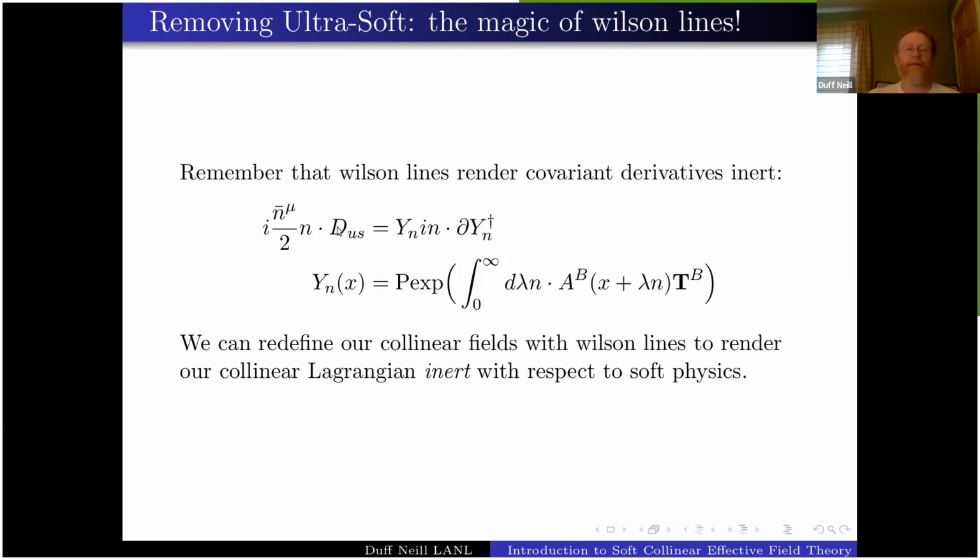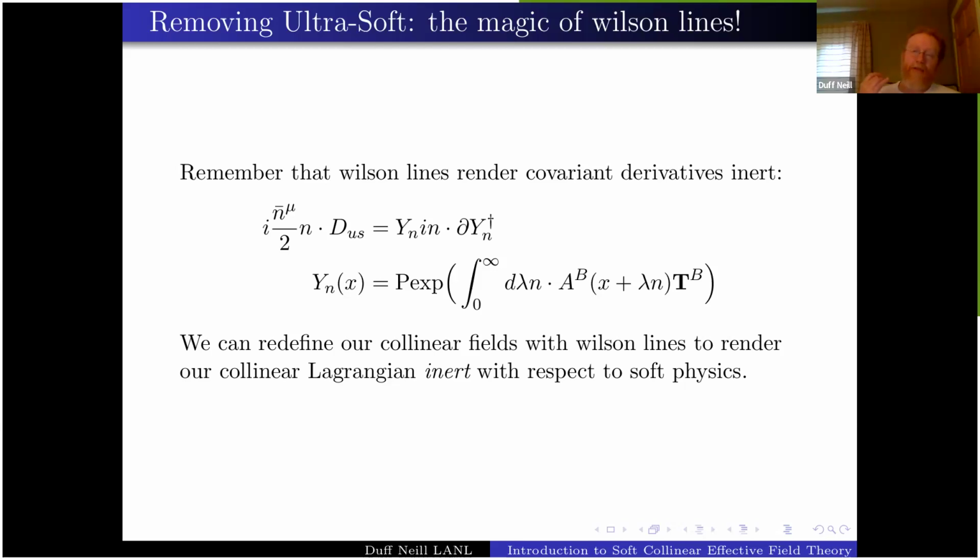The n dot ultrasoft, which is a covariant derivative containing my ultrasoft gauge field, that ultrasoft gauge field can be removed from that derivative by just using that Wilson line trick that I used in the construction of my collinear gauge invariant operators.